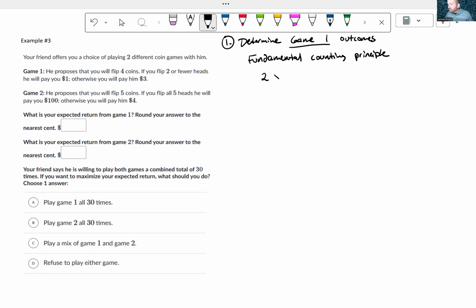So we're going to do 2 times 2 times 2 times 2, which is equal to 2 to the fourth, which is 16 possible outcomes. So that means that there's 16 different ways that we could flip these four coins, getting different orders of heads and tails.